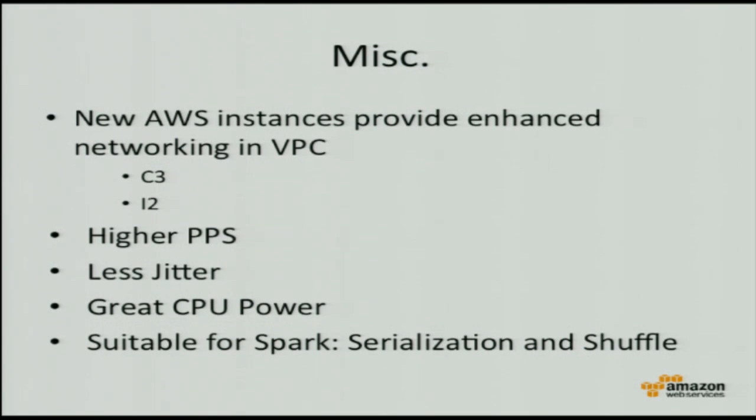They provide much higher packets per second and also much better CPU power, but also give you much less network jitter, which means that you can run nodes with high packet-per-second load and you won't have noisy neighbors. Great use case for Spark, especially for serialization and also shuffle speed between nodes. I haven't tested it completely, but I've seen great results from the initial testing I've done.